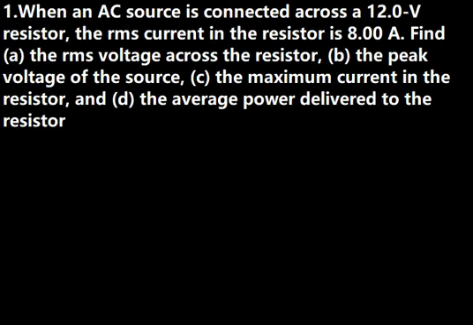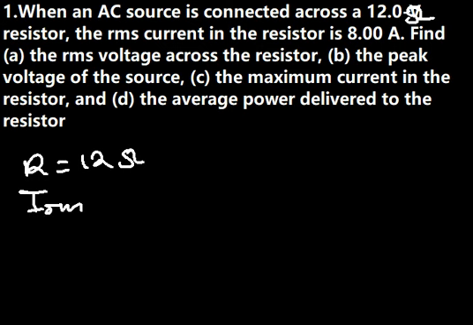Now let's try to go through some questions. So let's say this is the question. When an AC source is connected across a 12 ohm resistor, the root mean square current, I RMS, is given as 8 amps.